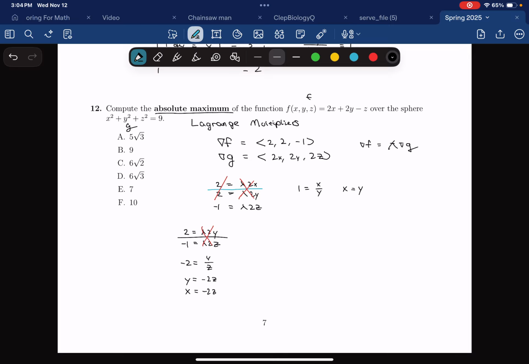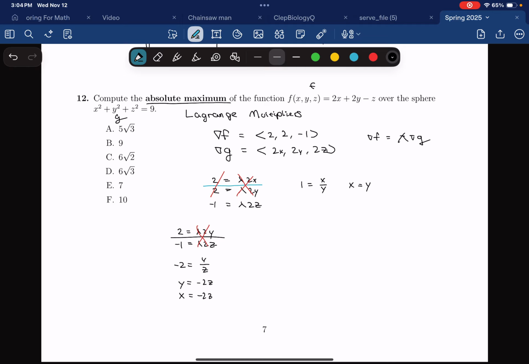So we plug it back into our constraint, g, which gets you negative 2z squared plus negative 2z squared plus z squared equals 9. So that gets you 4z squared plus 4z squared plus z squared equals 9, which equals 9z squared equals 9.